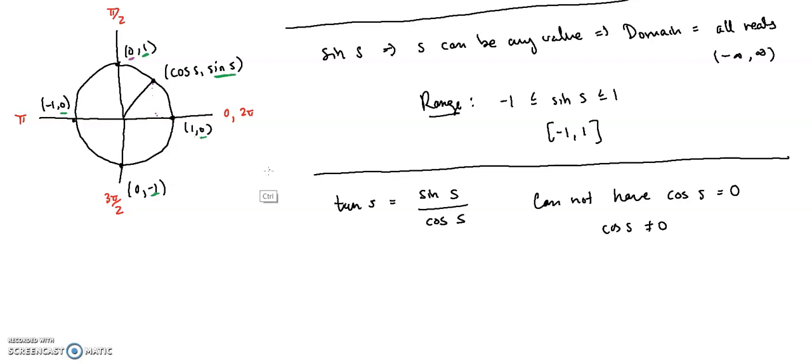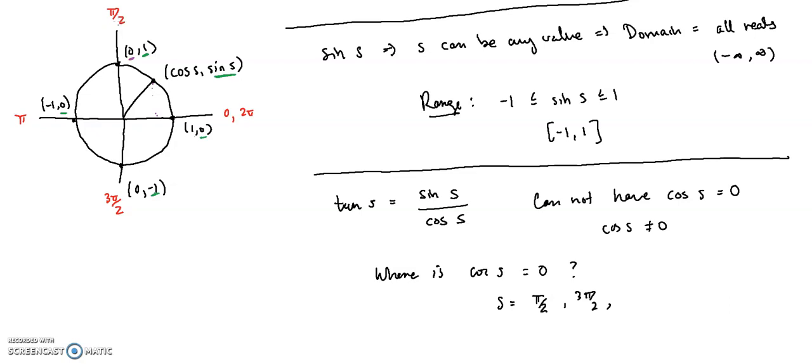So for example, where is cosine equal to 0? So cosine is equal to 0 when s is pi over 2. Okay, that's right here. Cosine is equal to 0. And then again when s is 3 pi over 2. But then it hits it again when you go around again.